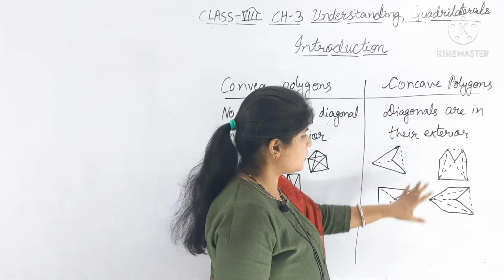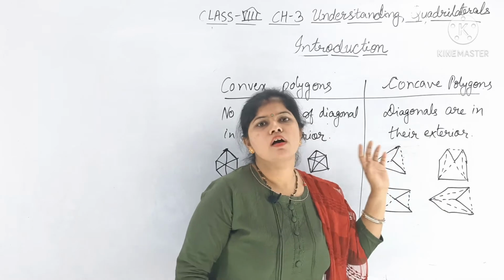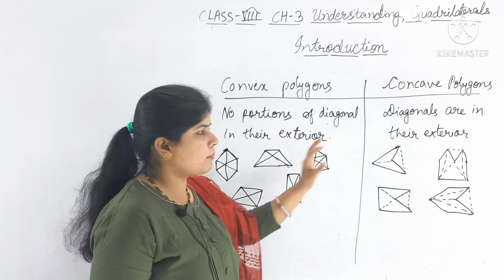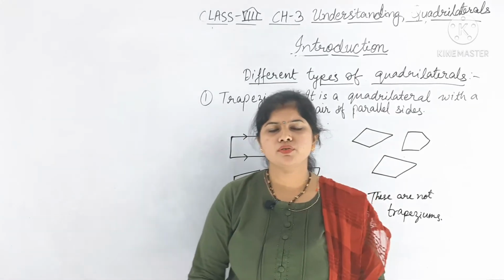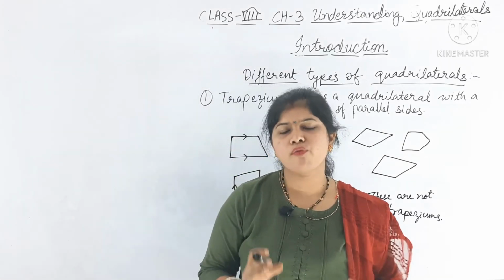So this type of polygon is called a concave polygon. Okay, remember it.